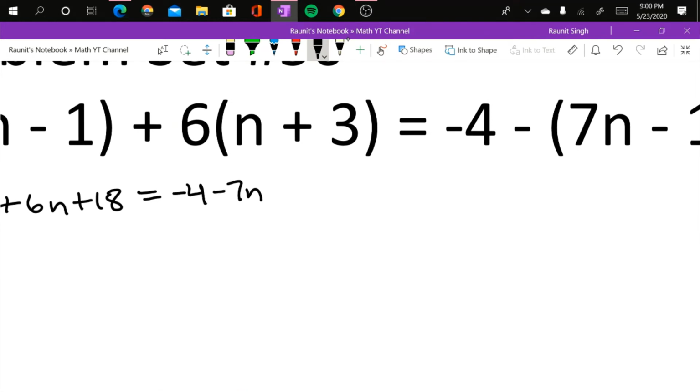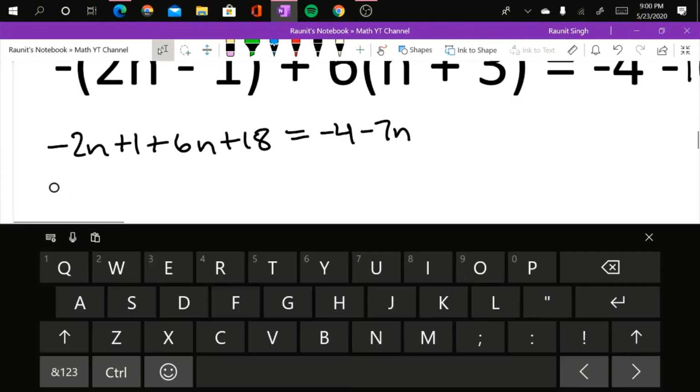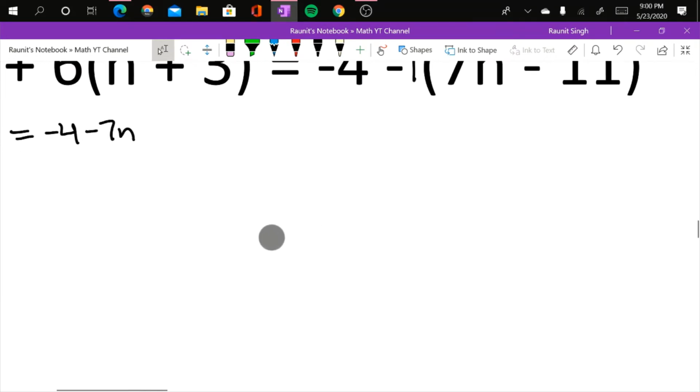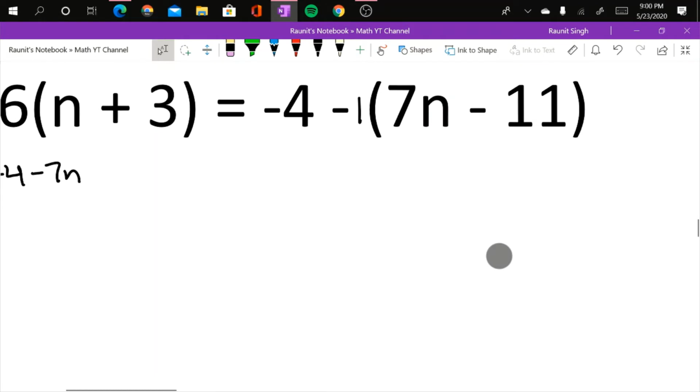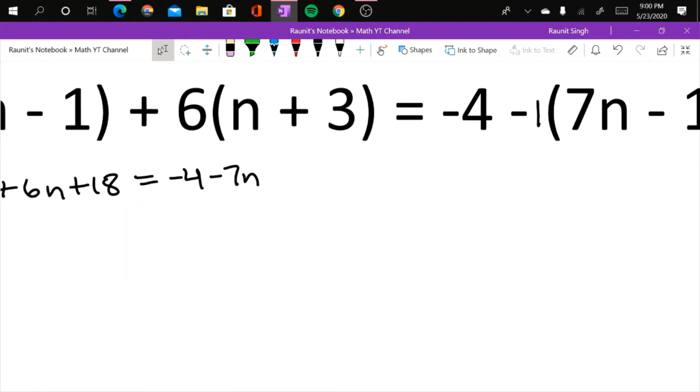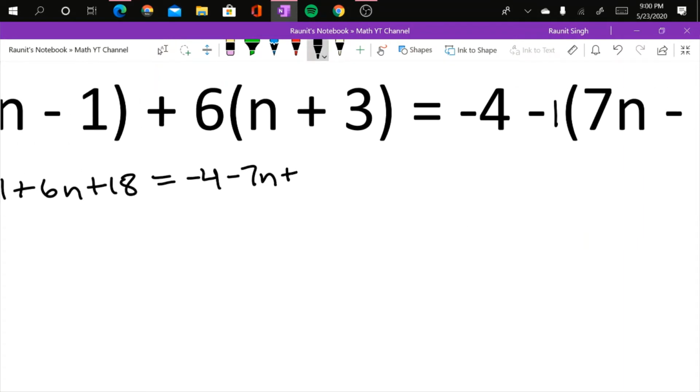Once again, we're doing negative 1 times this parentheses. So we have negative 7n minus 11. And then since we have negative 1, it would be negative times negative, which is positive 11.